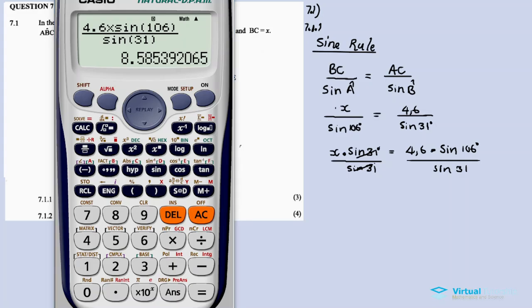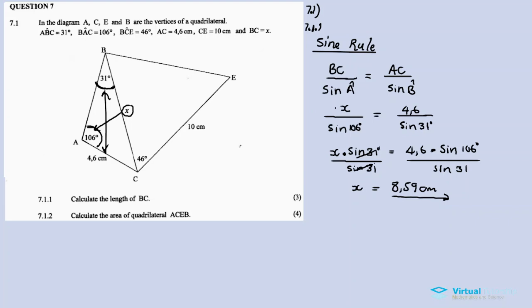This is the length of BC. Now we move on to 7.1.2, where we must calculate the area of the quadrilateral ACEB. So this is the quadrilateral.